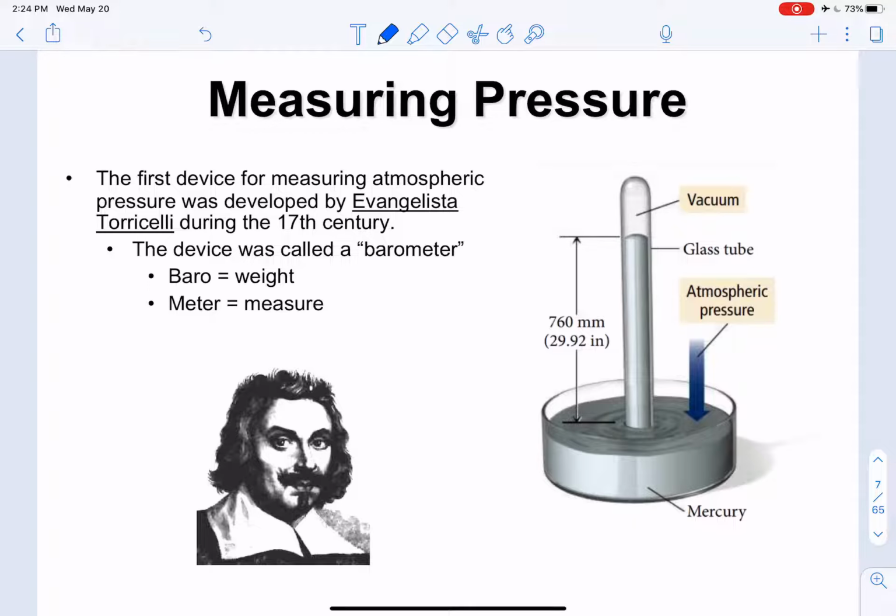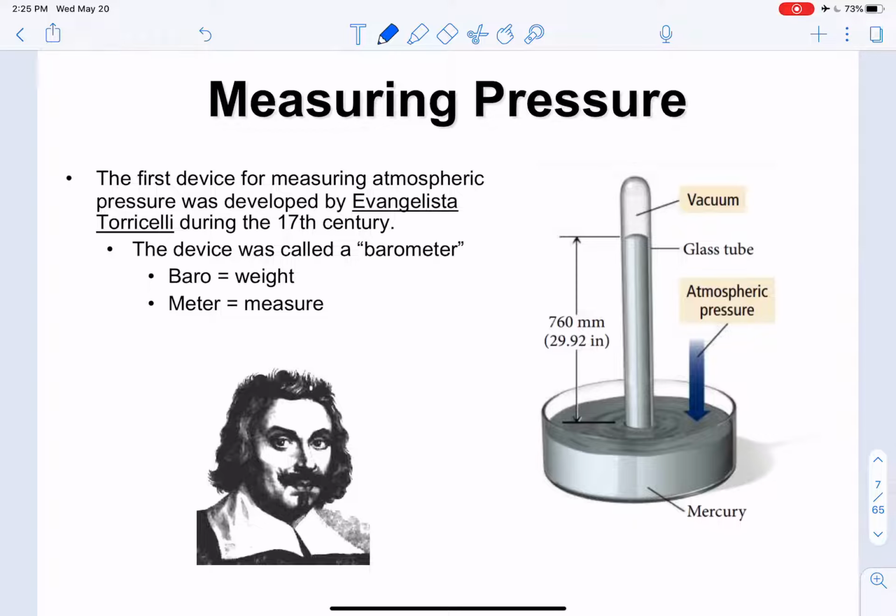He was the one that first described measuring atmospheric pressure with this thing called a barometer. And yes, I know that it's debated whether it was Torricelli or Gasparo Berti or Galileo or Descartes, but who is given credit for it is Evangelista Torricelli. So he's the guy that gets on my slide.